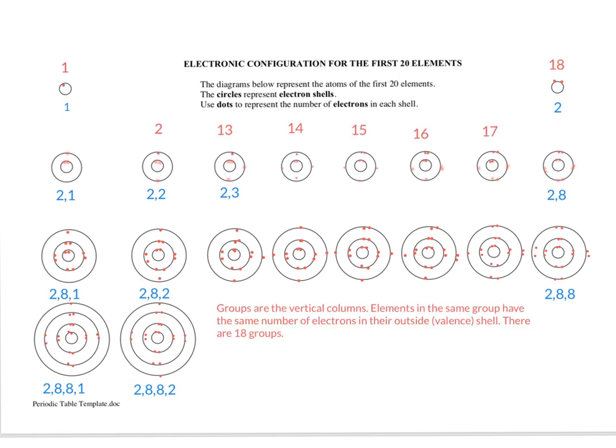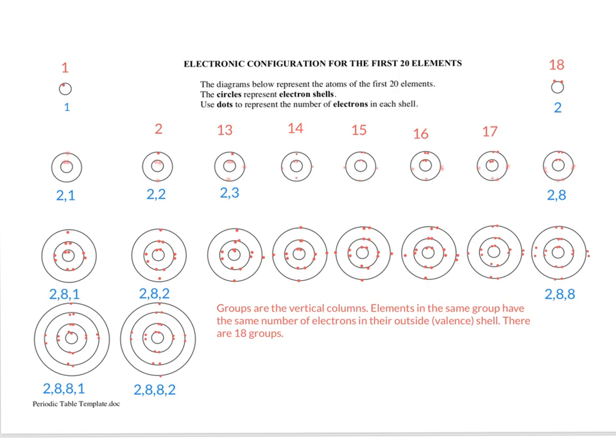Now the red numbers that have appeared are representing the groups. They're the vertical columns. So if you look at the first column that I've put a 1 above, that's called group number 1. All of those elements have 1 electron in their outside shell. That's called a valence shell. Look, group 2, they've all got 2 electrons.